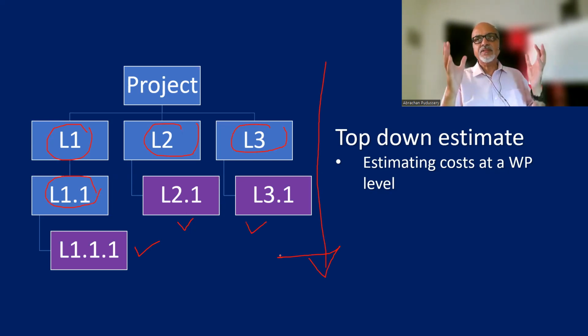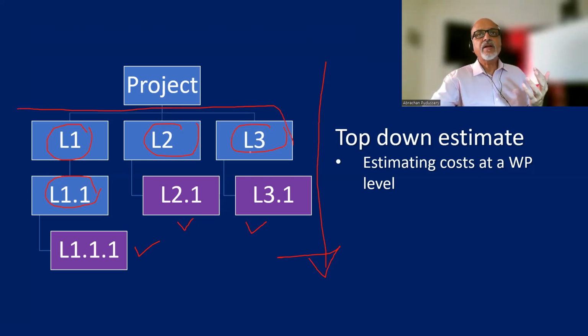We start at the project level, maybe a very ballpark kind of estimate. Then if somebody is asking for a budgetary estimate, we do it at a level 1 kind of thing. Then if somebody is looking for more accuracy, then we do it at level 2.